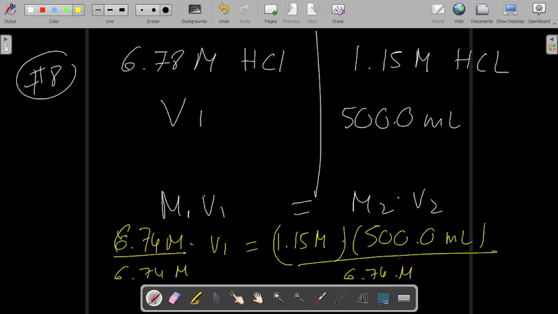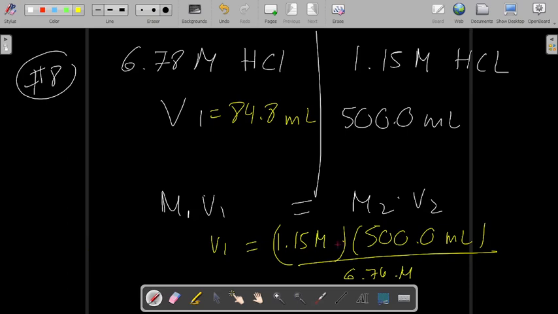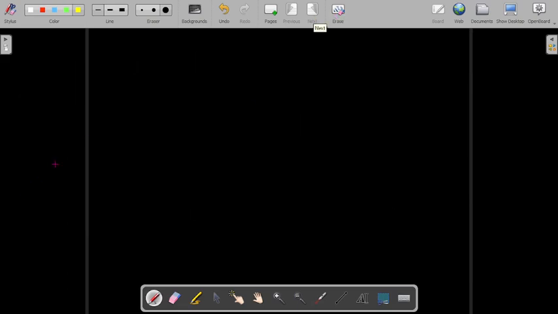This is algebra. So the volume is isolated, and if you put everything in the calculator, the volume comes up to 84.8 milliliters. The moles cancel each other and you are left with milliliters. And number 8 is solved.